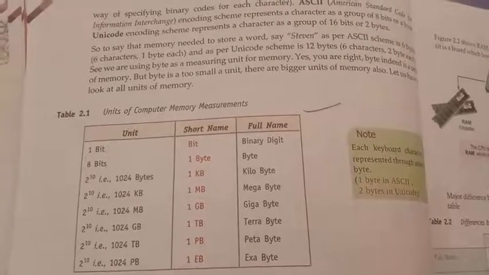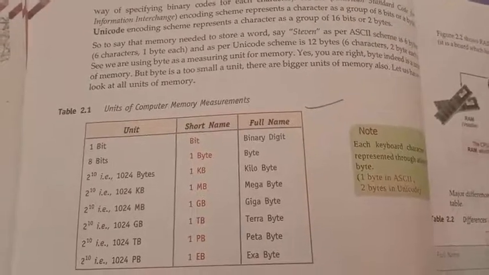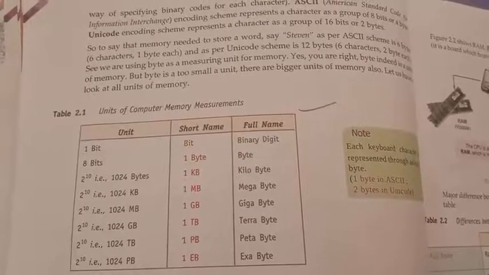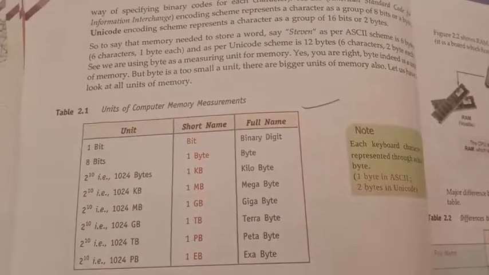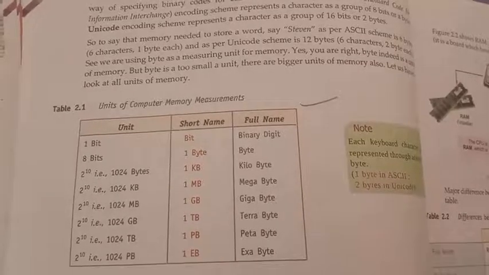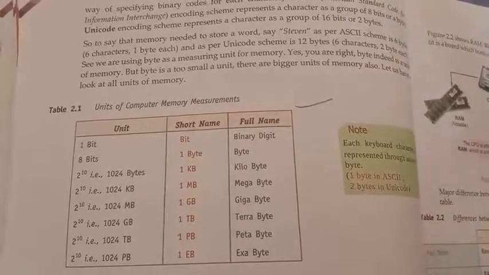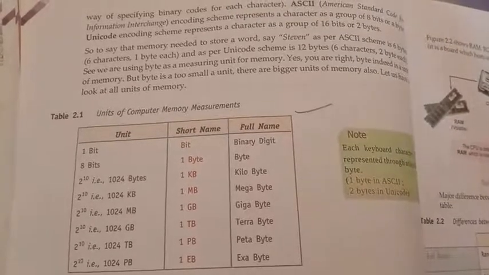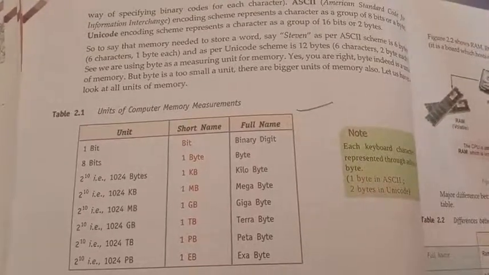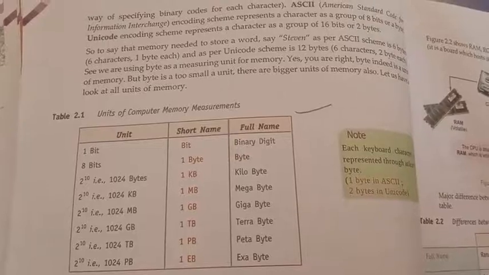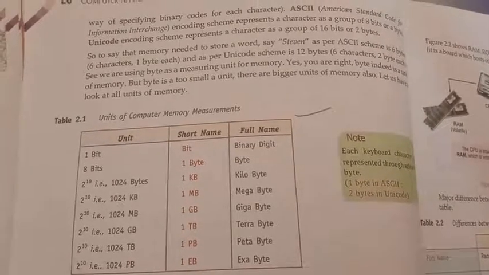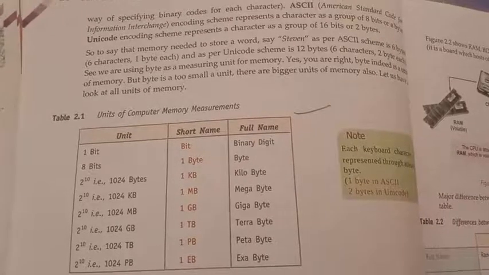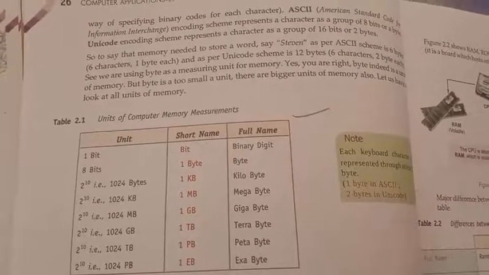An important question from this area is: write the different units of memory measurement. It is very easy to study. You need to remember that 1 byte is equal to 8 bits, and all the remaining are 1024 only. 1024 bytes equal 1 KB, 1024 KB equal 1 MB, 1024 MB equal 1 GB, like that.